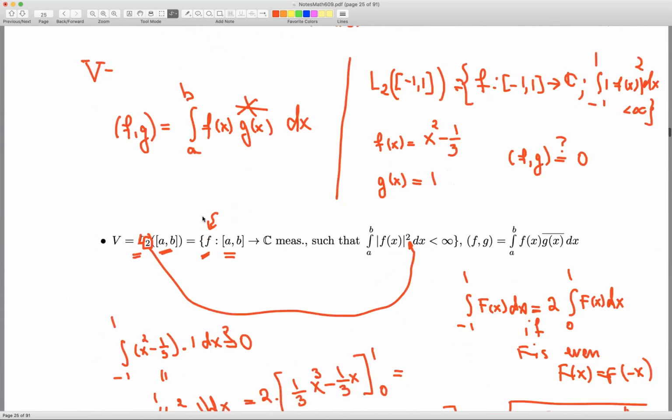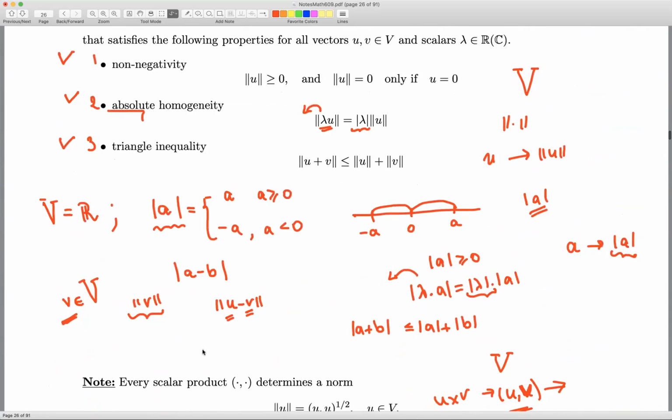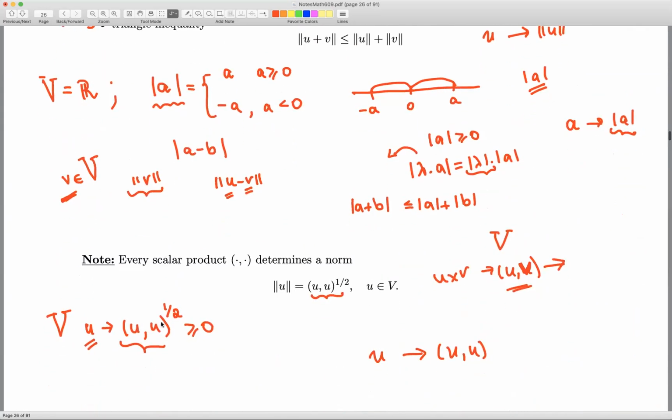And once we show that this mapping satisfies the conditions of a norm, then we have a norm. Therefore, every scalar product determines a norm.